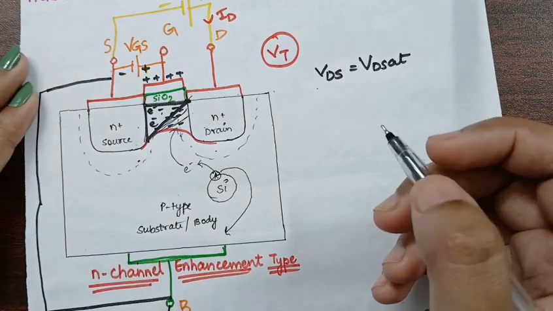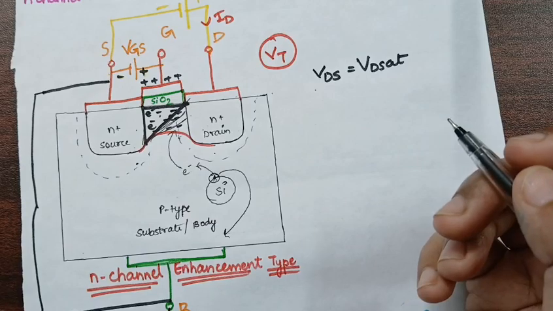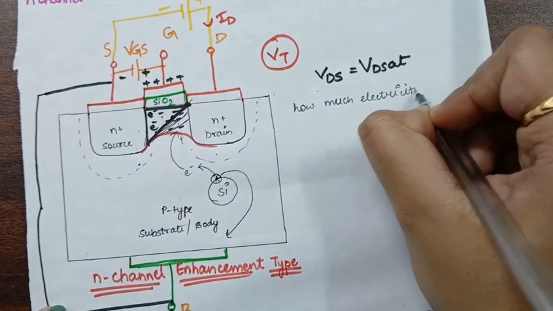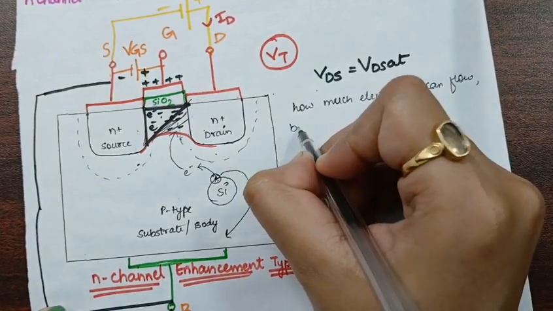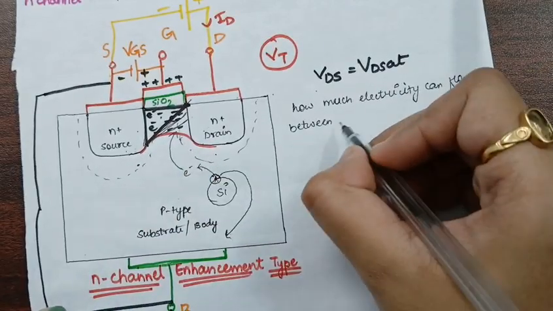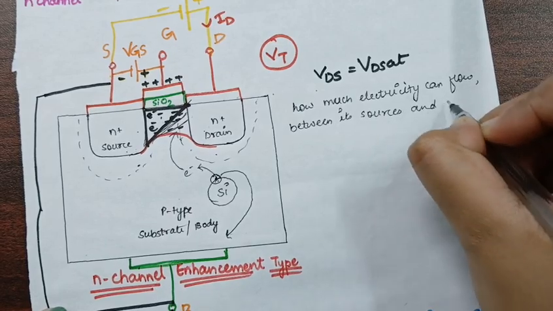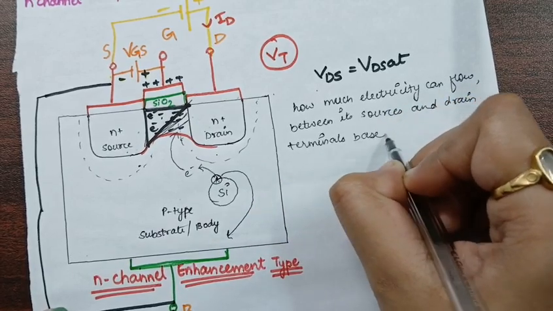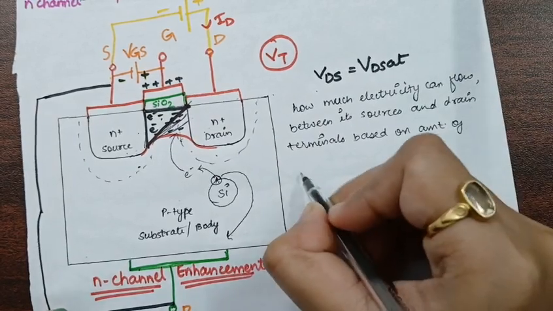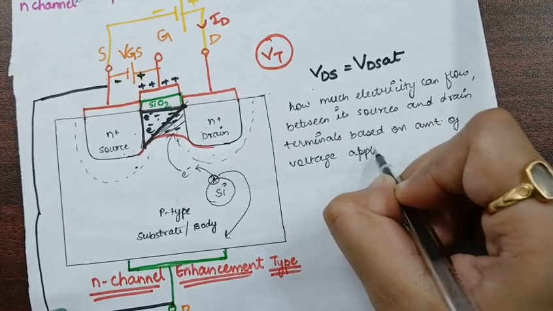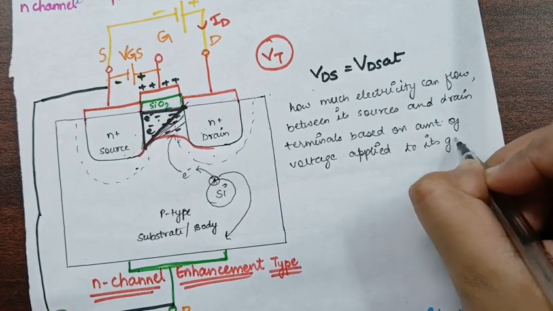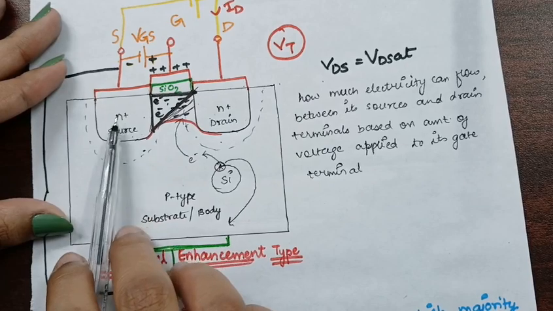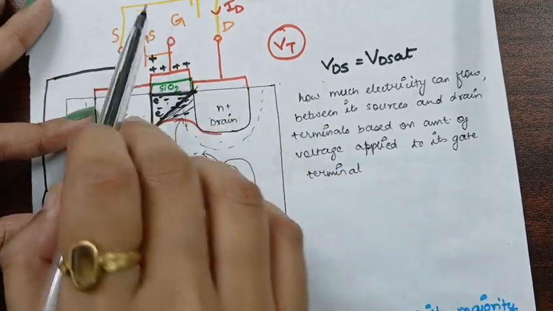That is, it mainly controls the conductivity, that is, how much electricity can flow between the source and drain terminal, based on the amount of voltage applied to its gate terminal, that is VGS.